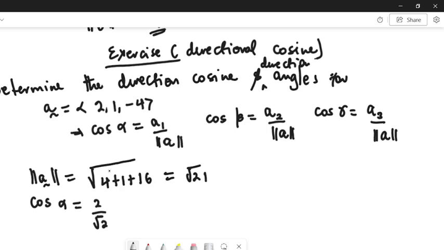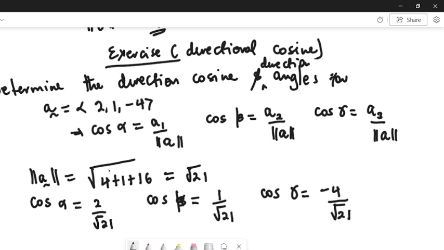So these are the direction cosines. Our next direction cosine is cos beta, which is A2, 1 over root 21. And our last direction cosine will be negative 4 over root 21.